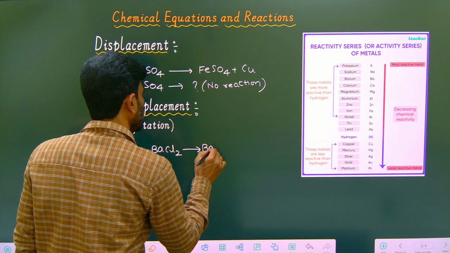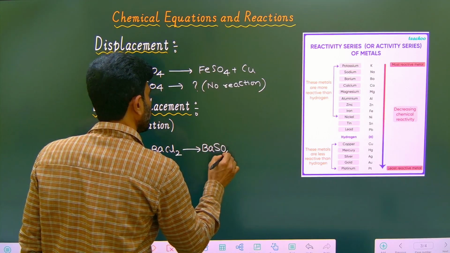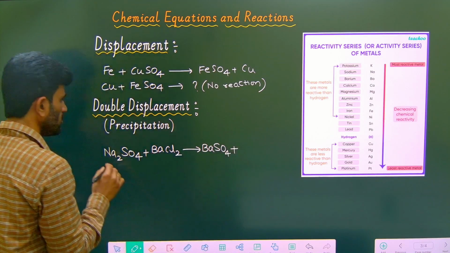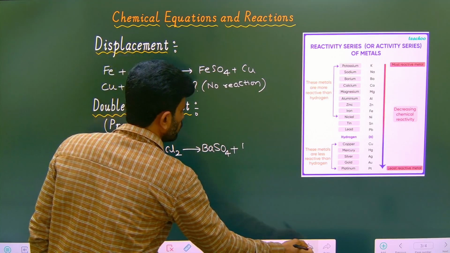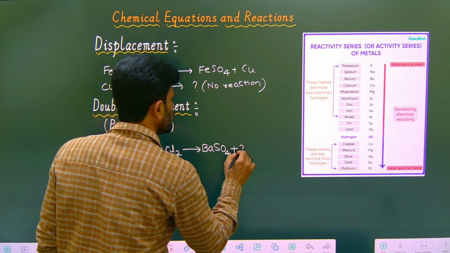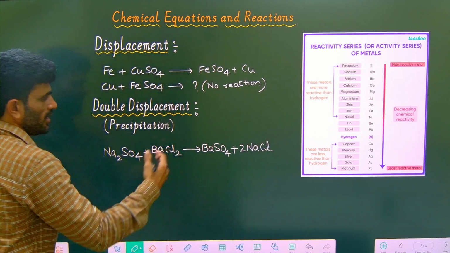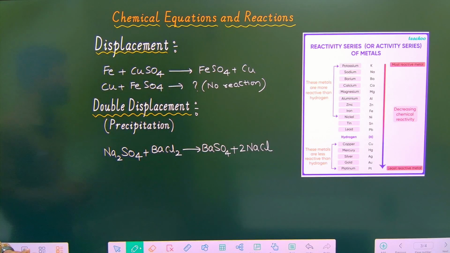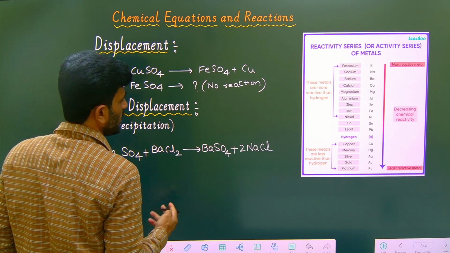Barium will combine with sulfate, BaSO4, and sodium will combine with chlorine. So here two sodiums we have, two chlorines we have, that's why it is 2NaCl. Like this both the ions will be exchanged. When two ions are exchanged, then double displacement reaction takes place.